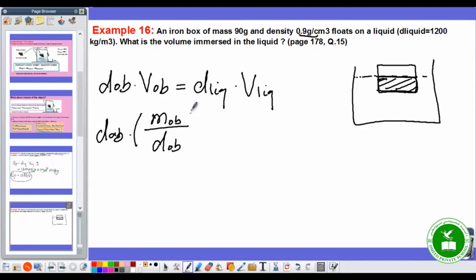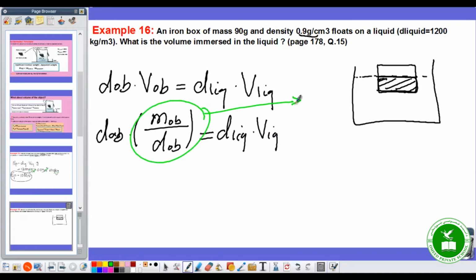Yes, volume is equal to mass divided by density, from the density formula. From here, density of object cancels.